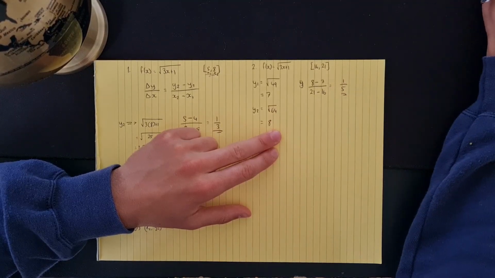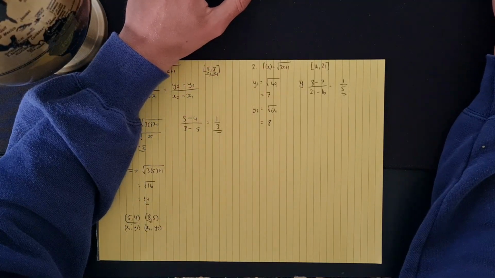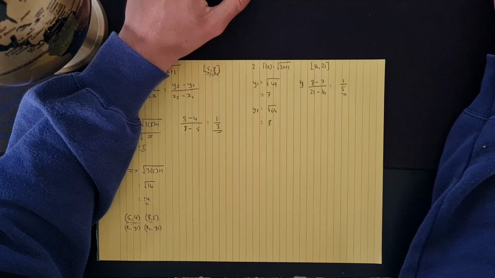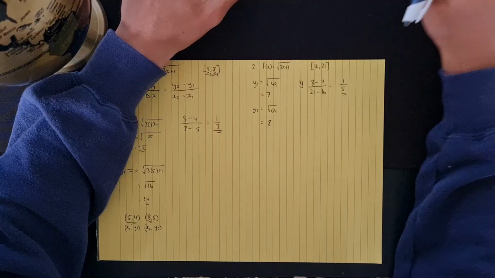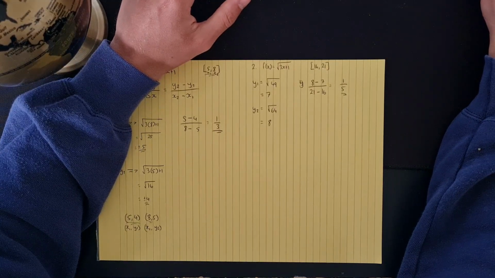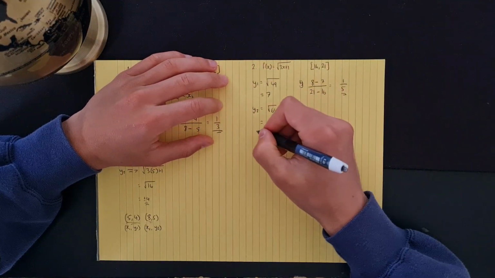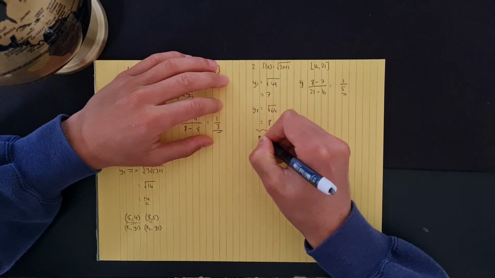So that's going to be our rate of change. Let's write that answer in. 1 over 5, and we'll check that. Awesome, and that's correct.